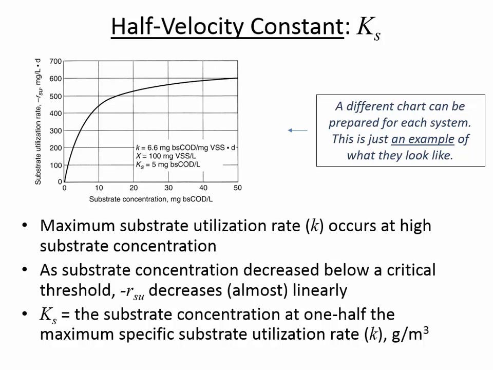And the fastest that they can consume food is 600. Even if we had 60 or 70 or 80, that curve looks like it's mostly stabilized. It's not still increasing. So this has reached a maximum for all practical terms. So half the maximum is 300. Come down here from where 300 crosses the curve, and that is 5 milligrams per liter. So that's the nature of the half velocity constant.